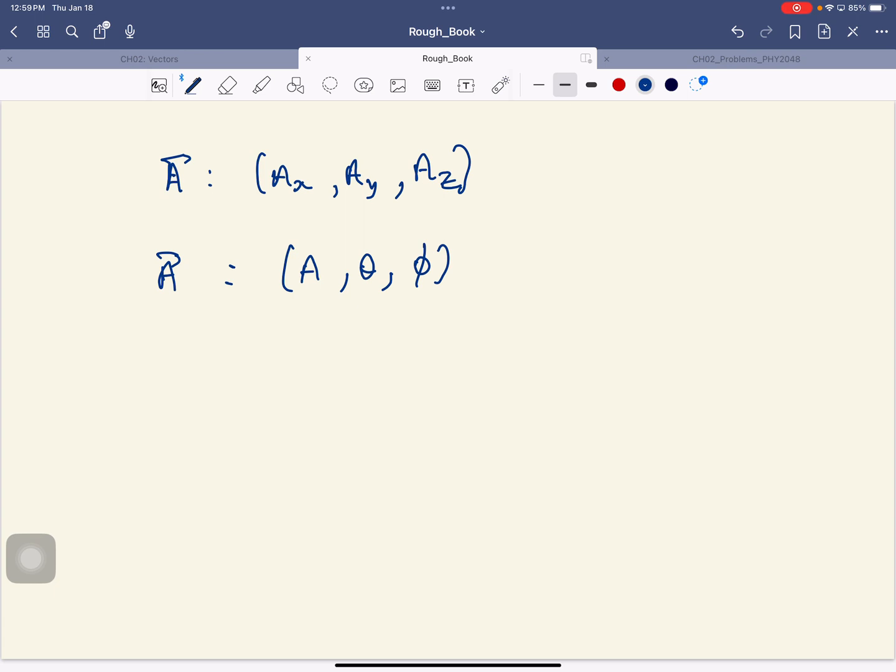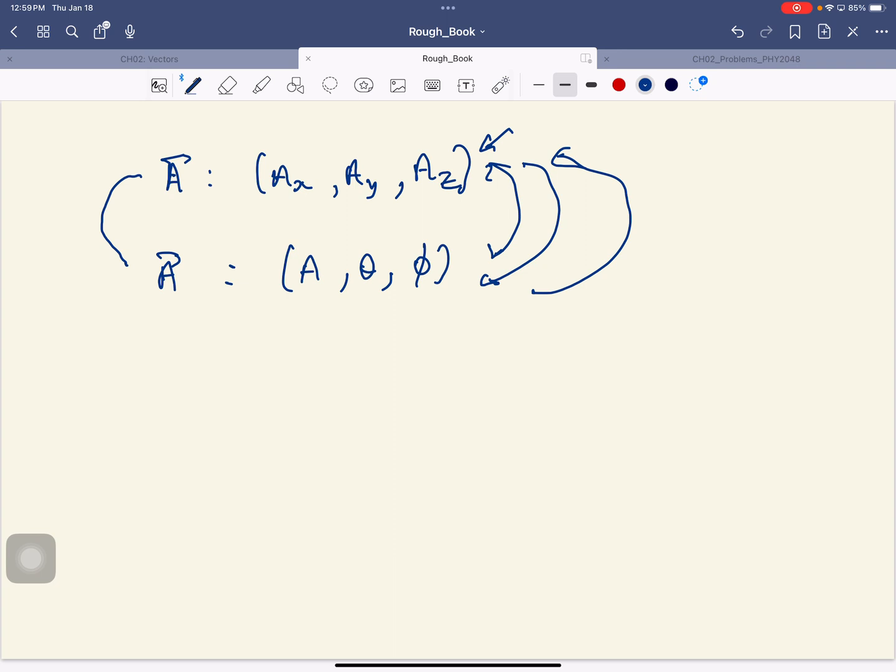You guys remember those 2 angles from the diagram before? So you're specifying the same vector using 2 different sets of numbers, so they must be related. If you're given these numbers, you should be able to calculate these numbers, or if you're given these numbers, you should be able to calculate those numbers.